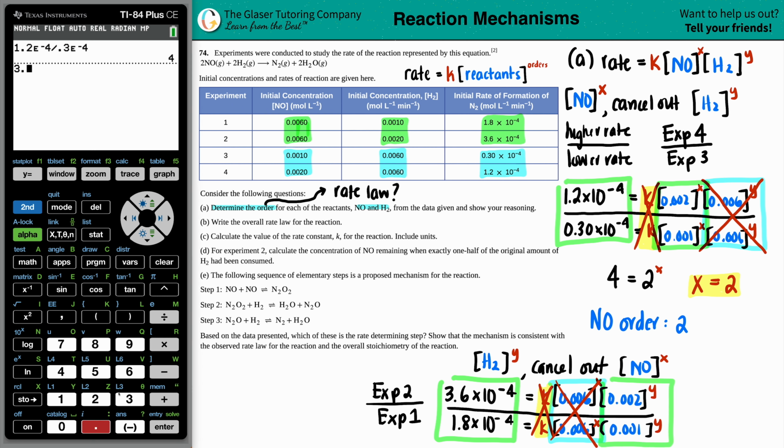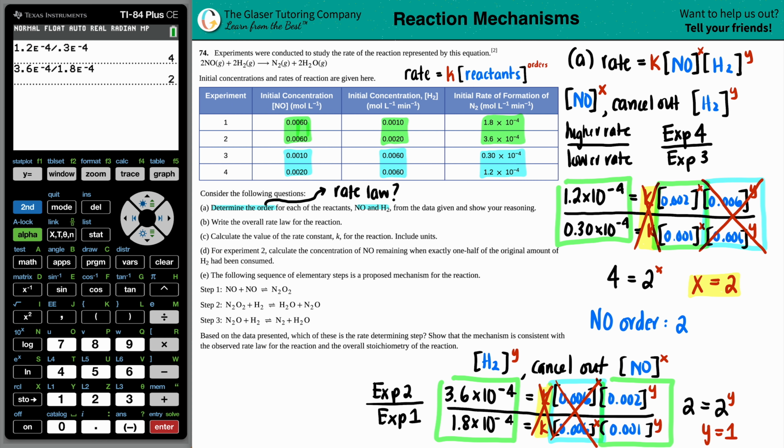So 3.6 times 10 to the negative 4th divided by 1.8 times 10 to the negative 4th. You get 2 in this case. So 2 equals, we did this math already, right? This was 2. And that's now raised to the y. So I say 2 to the what will get me 2. You are absolutely correct. The y equals 1.